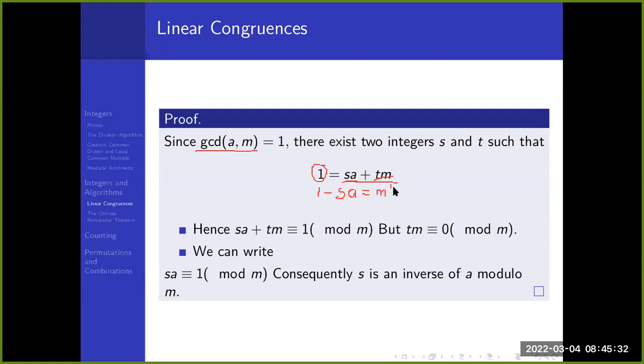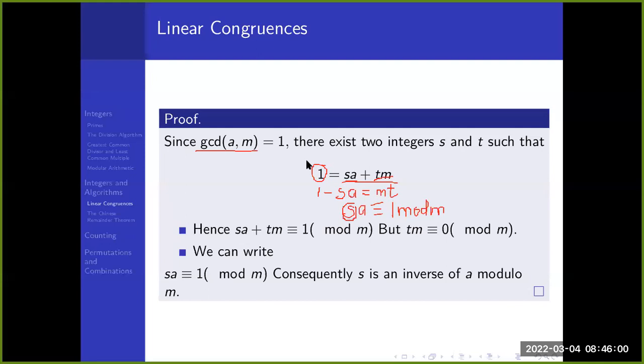So this simply means, now, this is the definition. This means sa is congruent, because the difference is a multiple of m. It means that sa will be congruent to 1 modulo m. And since it's congruent to 1 modulo m, we have found the inverse.